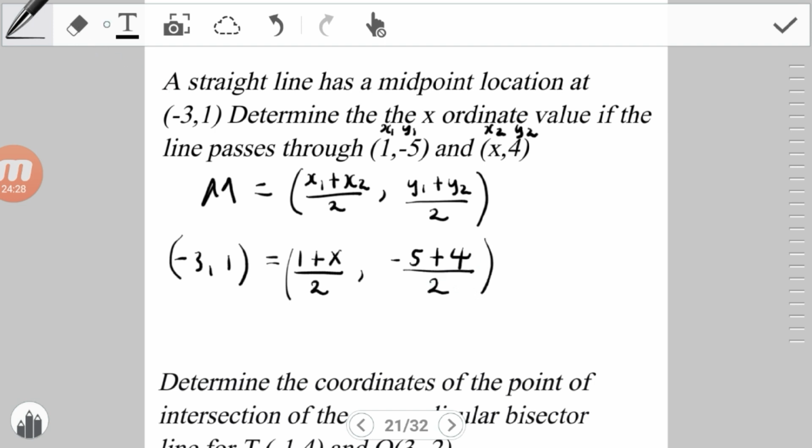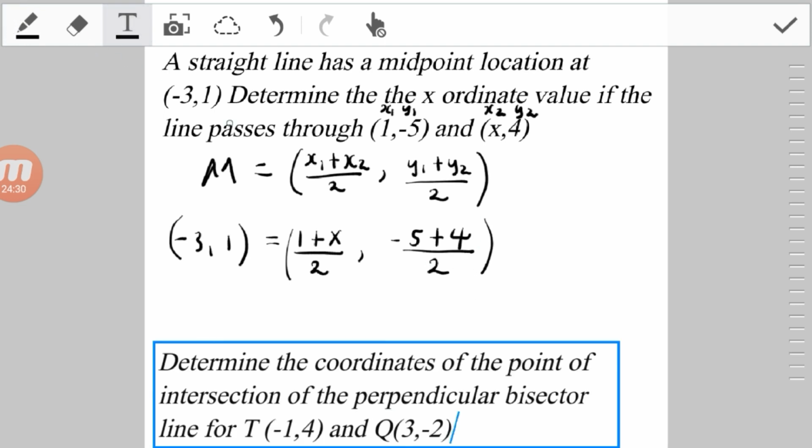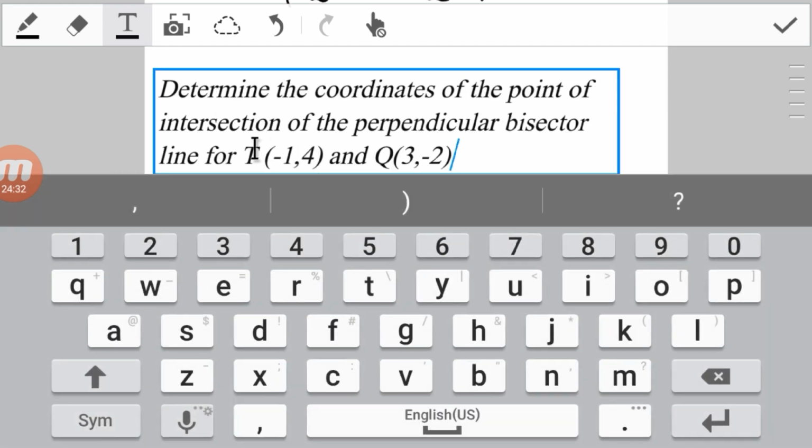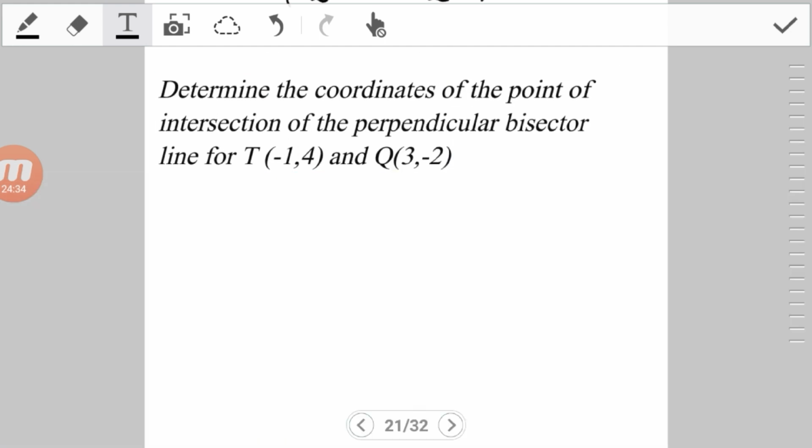All right, and I believe that, guys, this is supposed to be actually a half. Pardon me, this is supposed to be equal to a half.